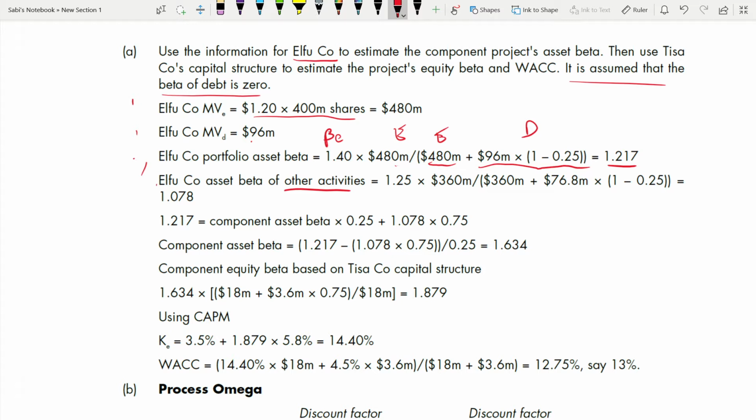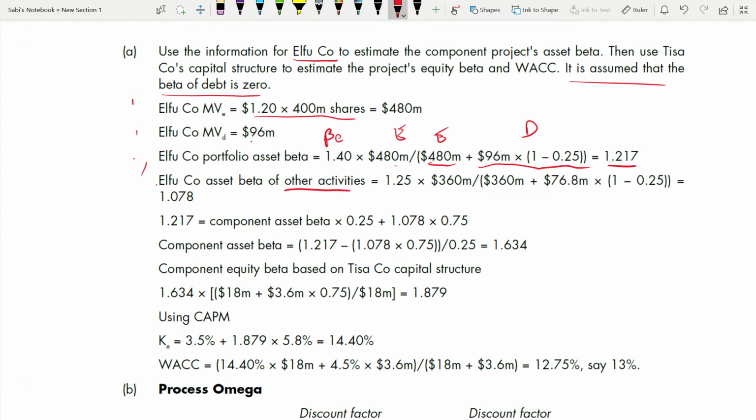If you don't know that, you will just struggle and not come up with anything, because you are not given the component equity beta. So it is impossible to work out the component asset beta. You need one of the two to work out. So you have the equity beta of L4. Using that, you can find the L4's asset beta, right?